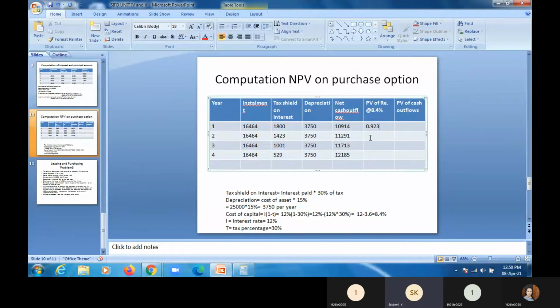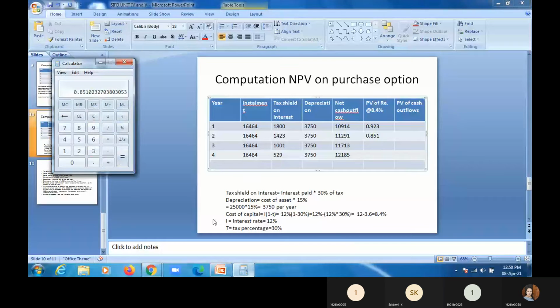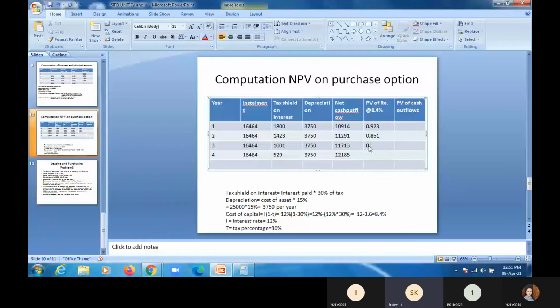Next year 0.851. Next year you will get 0.785, then 0.724. These are the rupee values we got.